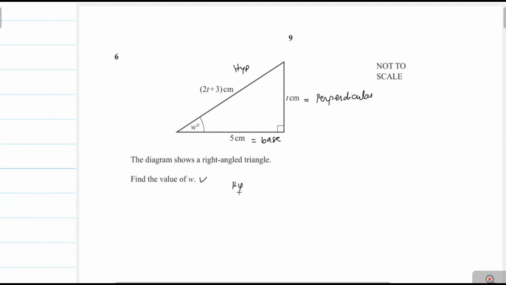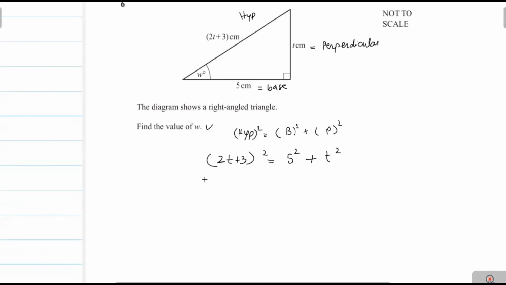Therefore, the hypotenuse square will be equal to base square plus perpendicular square. Now the hypotenuse here is 2t plus 3 whole square, and base here is 5 square, and perpendicular is t square.